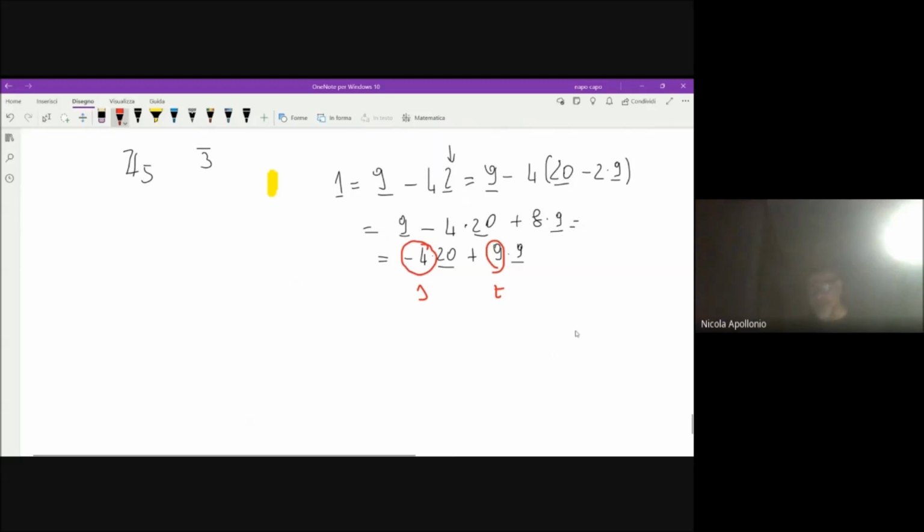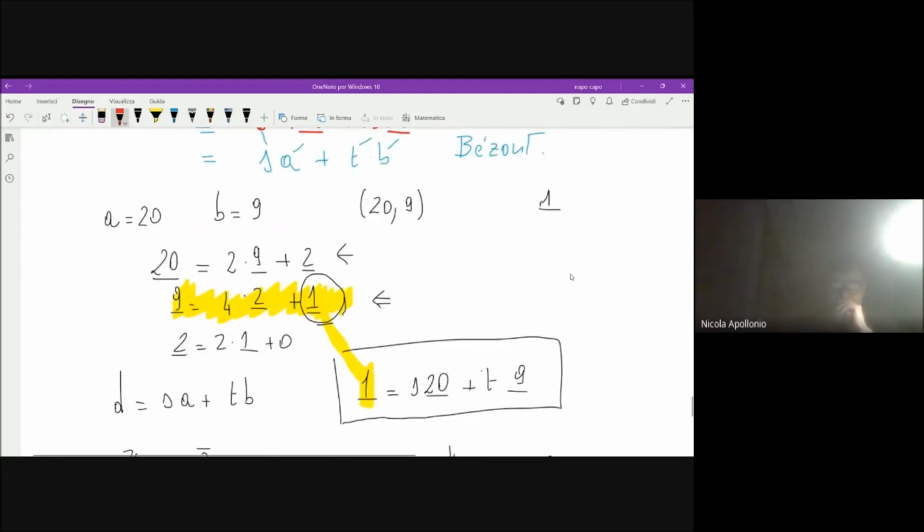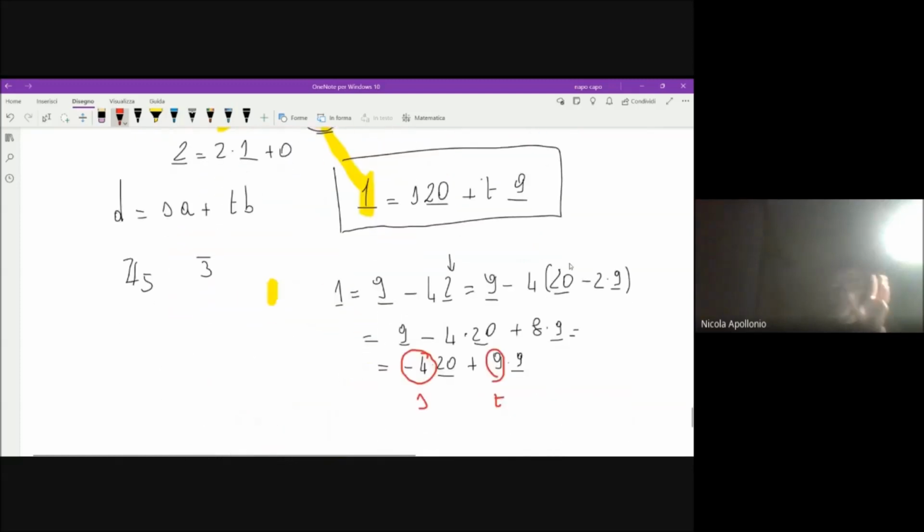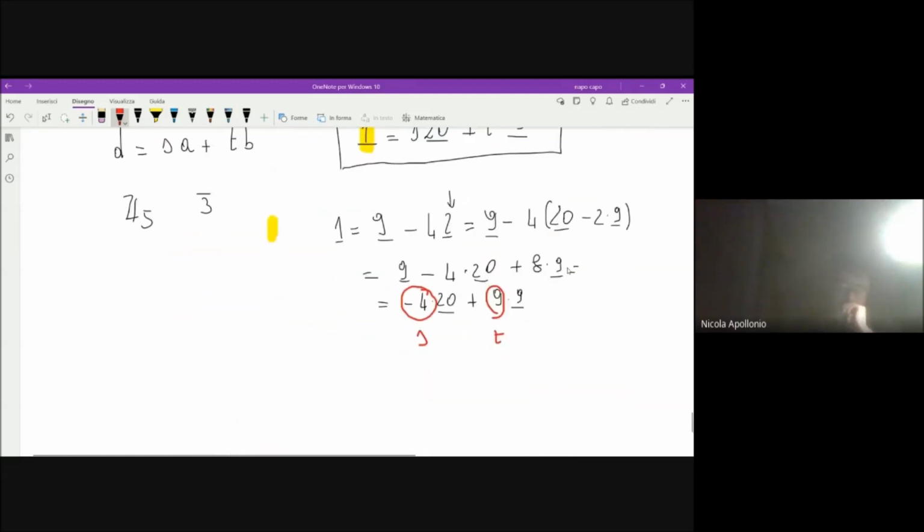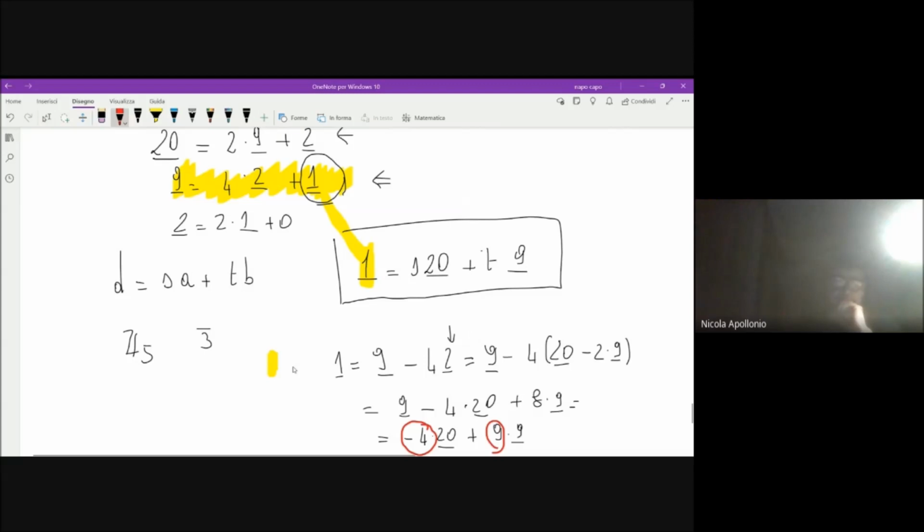And this will enable us to invert, to produce arithmetic inverse of residual classes in the theory of modular arithmetic.